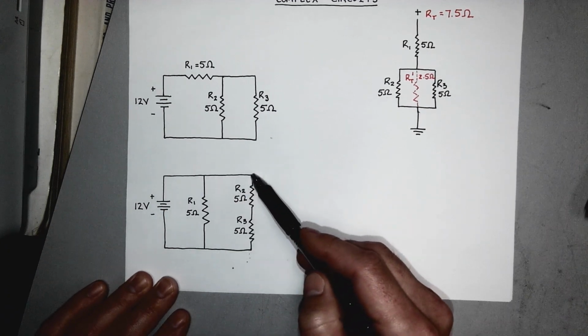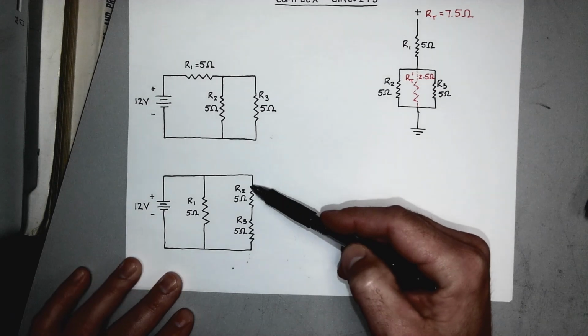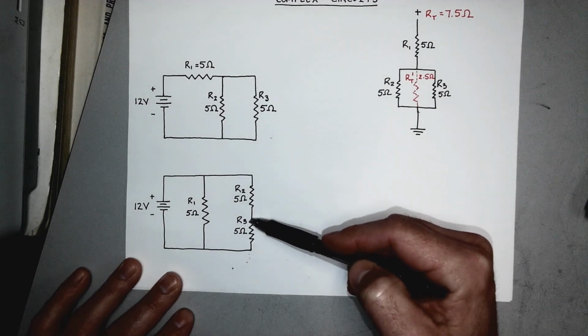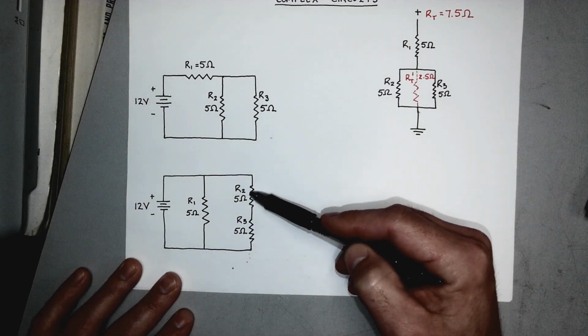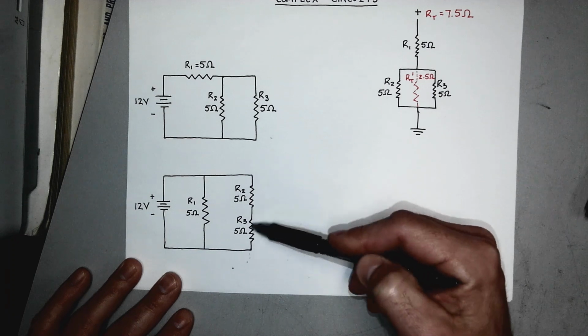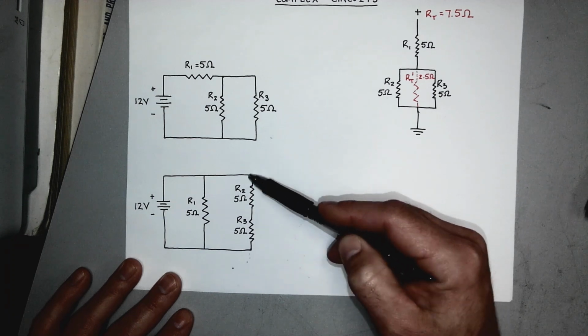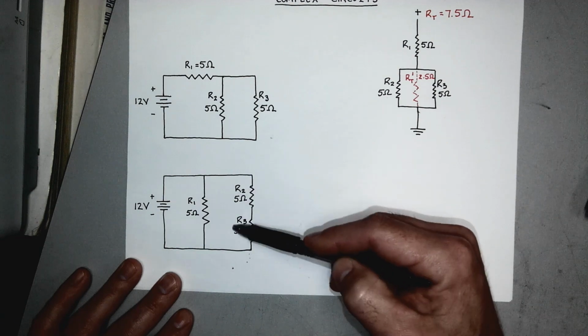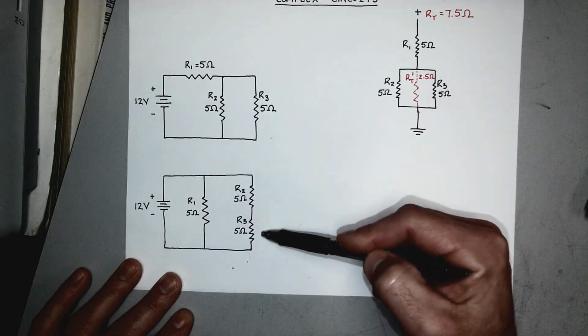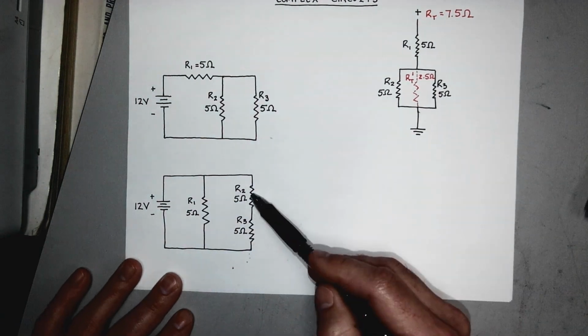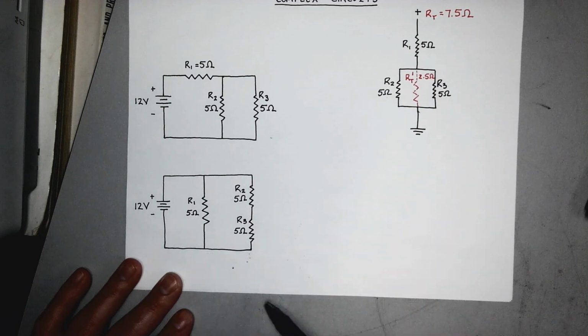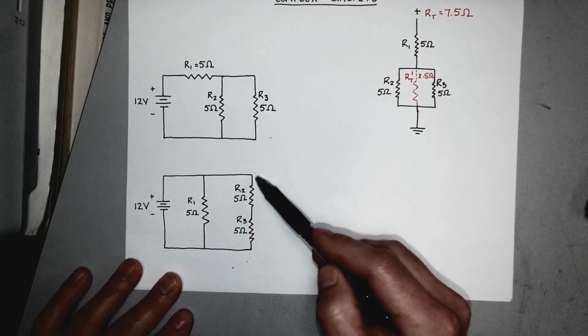But as we go down this leg, we see that we run into R2 and then R3 right after it. And so we have a single path of current flow between R2 and R3. And so this single path of current flow right here is a series circuit, and it's embedded in this overall parallel circuit. And so right here is the simplest circuit.